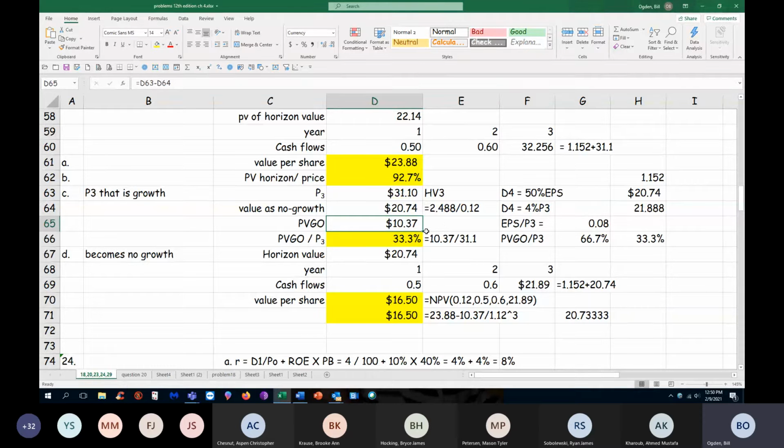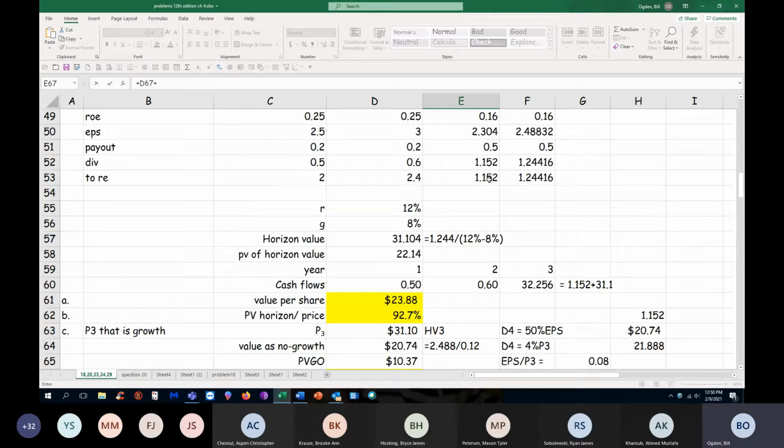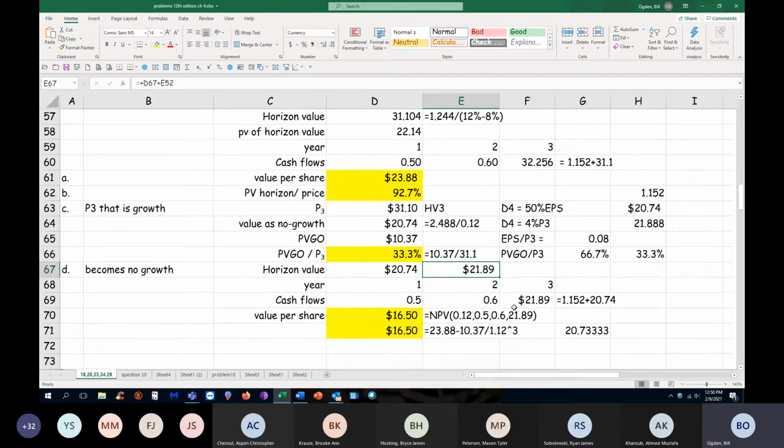That's gone to 0. So horizon value 3 drops to 20.74. If I add that to dividend 3, I get 21.89 or so. Okay, and that's what I have here for my cash flows.